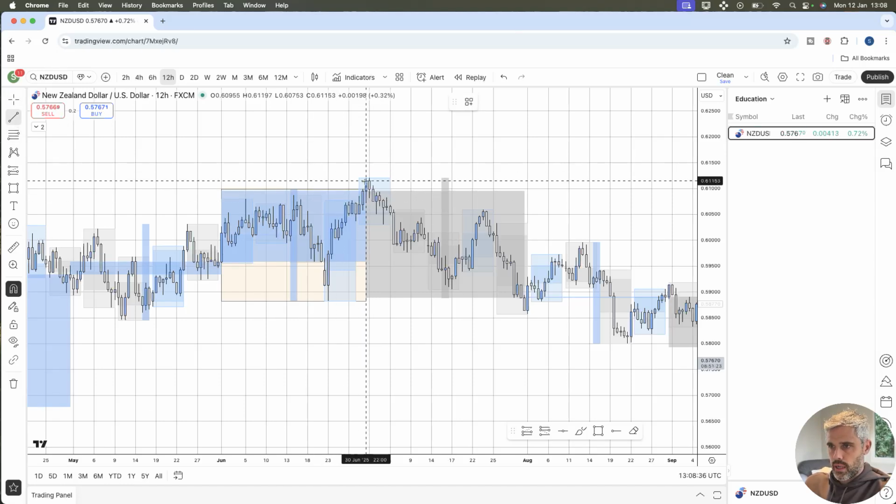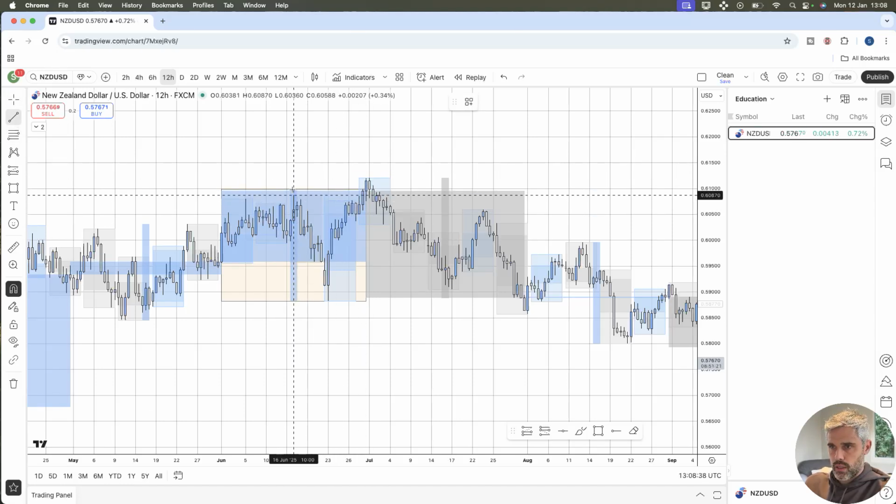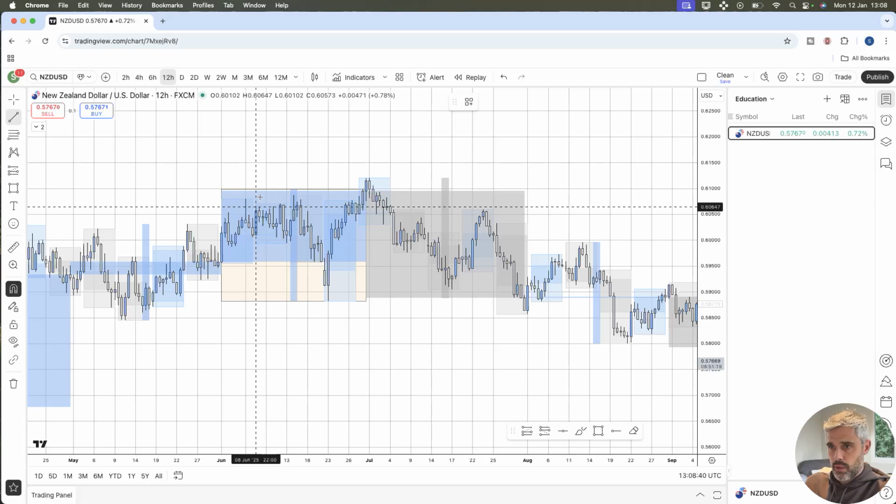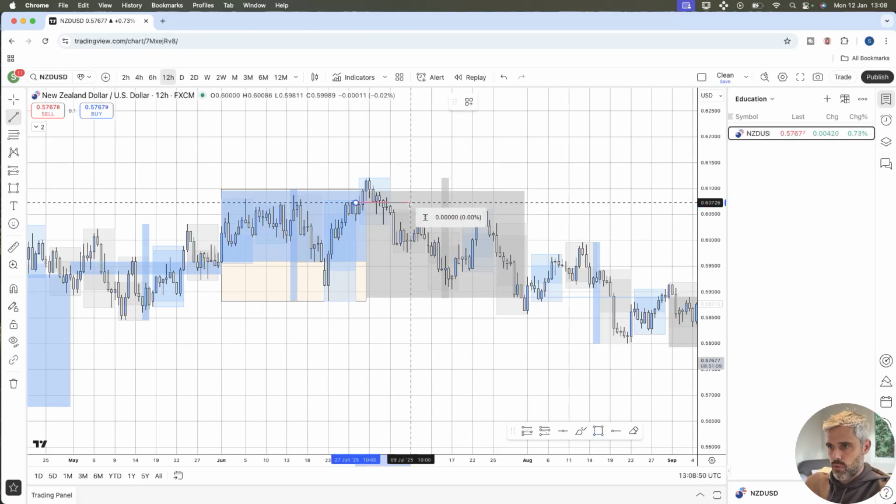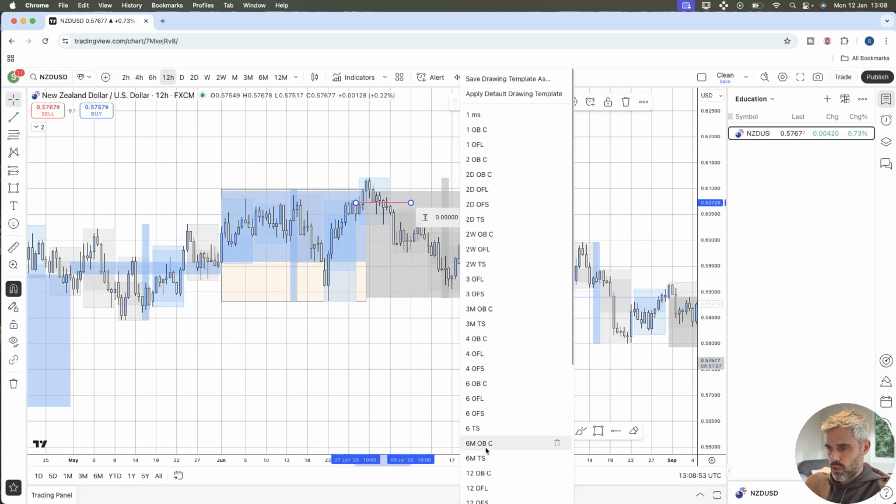So price trades into it, sweeping the liquidity that we've just discussed being built above that high. Secondly, printing bullish price action with the formation of this order block right here, this 12-hour order block.